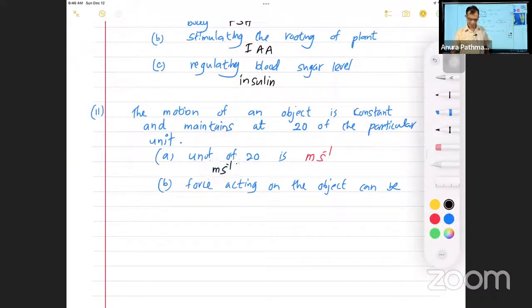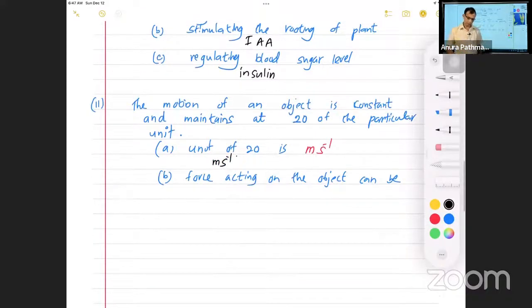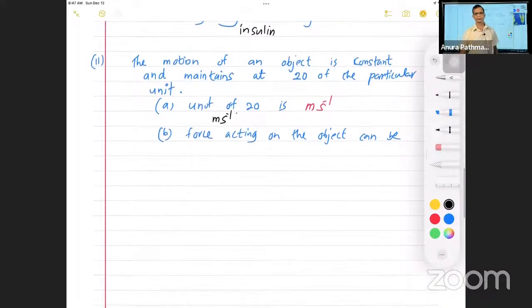Other one? Force acting on the object can be increasing, decreasing, sorry, unbalanced, balanced. Balanced force. Why? Because the object is constant. Yes, it is balanced force.